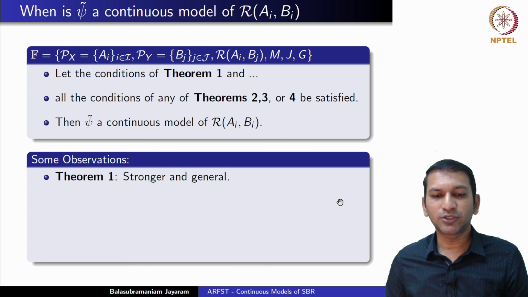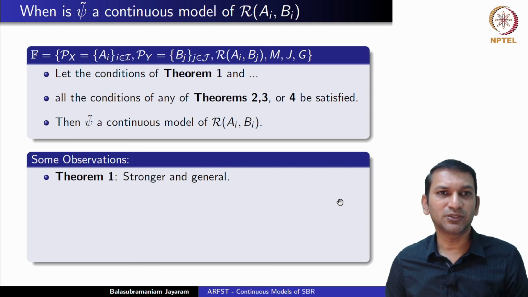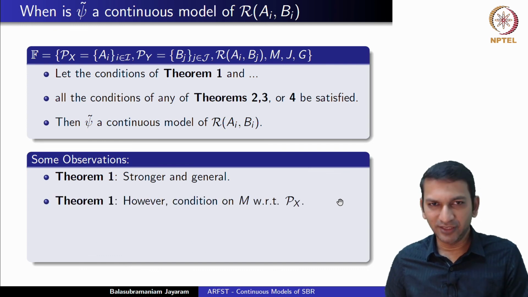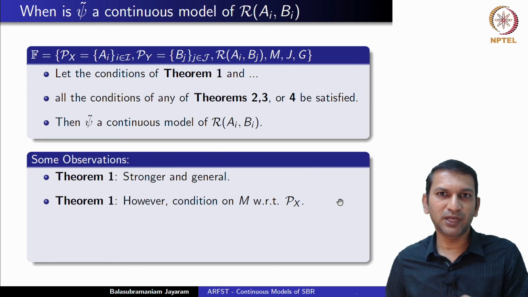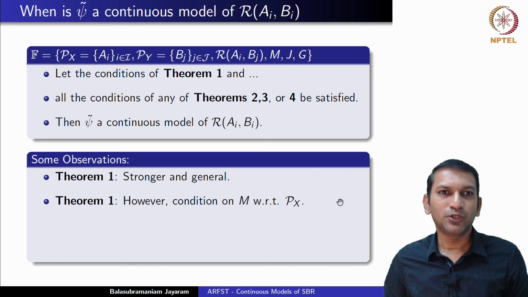And it is also stronger in the sense that it is showing continuity between spaces, that psi tilde is actually a continuous function between spaces, not just a continuous model of the given rule base. However, we are asking for a condition on M which ensures continuity with respect to the fuzzy cover Px. In this sense, we are also tying it up to the given rule base.